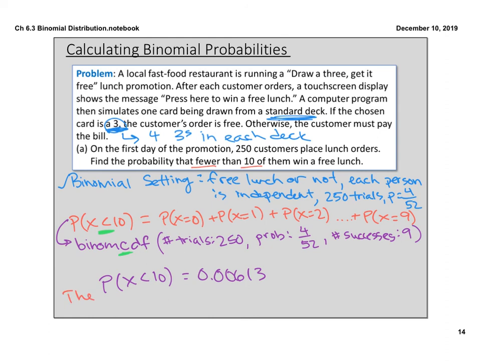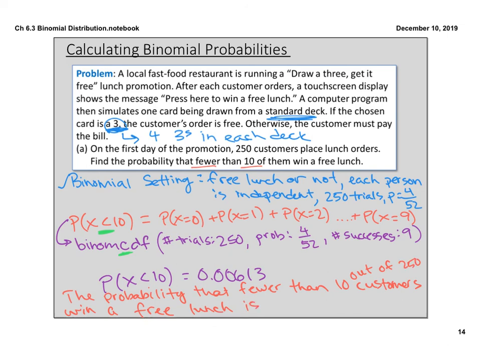So the probability that fewer than 10 out of 250 customers win a free lunch is 0.006, with each customer's probability being 4 out of 52.